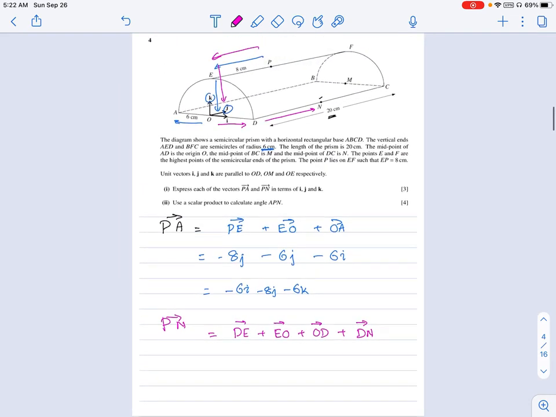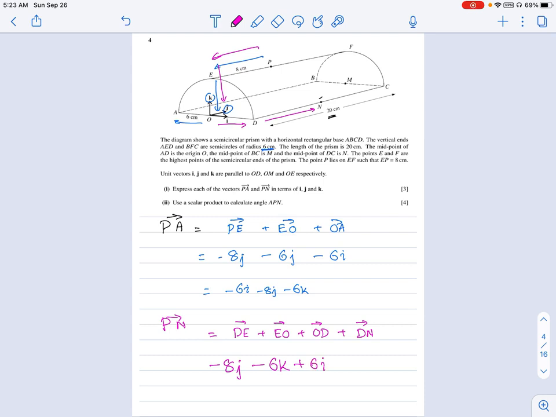P to E is 8 units backwards in the direction of J, so minus 8J. E to O is coming downwards in the backward direction of K, so it is minus 6K because the radius is 6. Then O to D is going in the direction of I, 6 centimeters, so 6I.